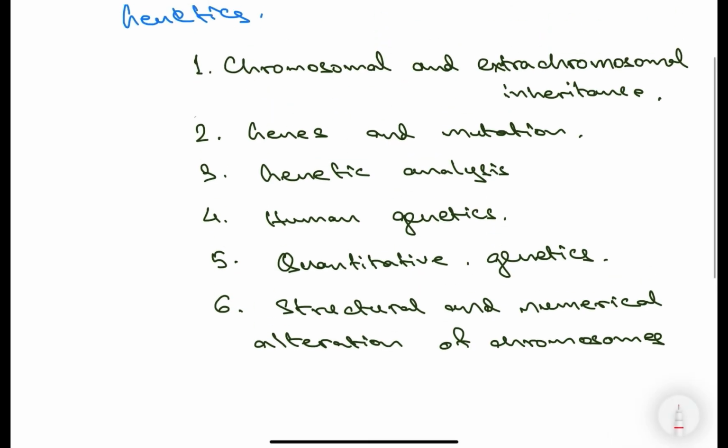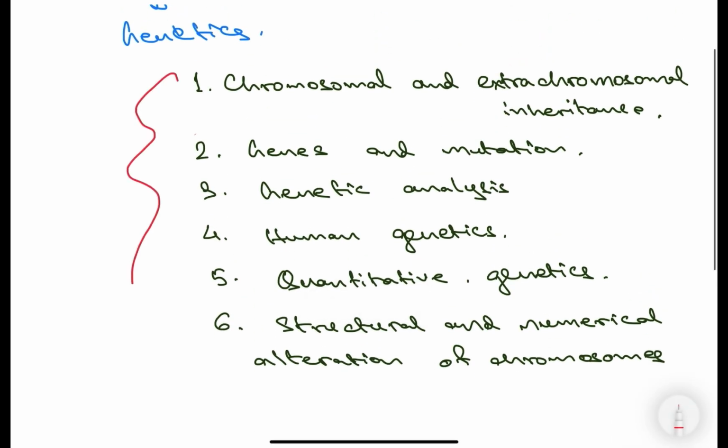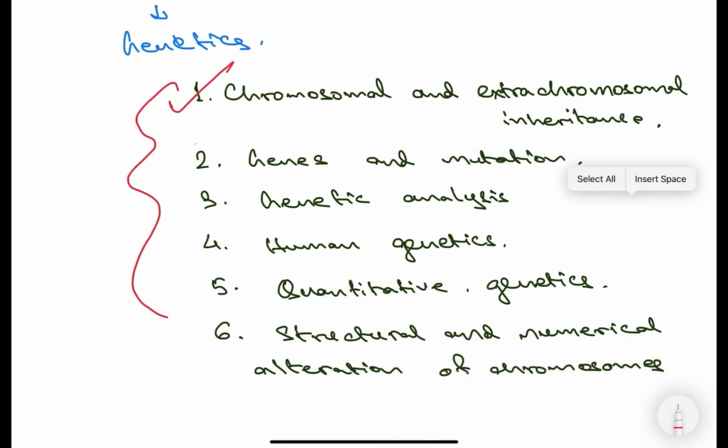These are the major 6 parts that we will be covering in this unit. In this lecture, we will be discussing about the first part, that is chromosomal and extra chromosomal inheritance.